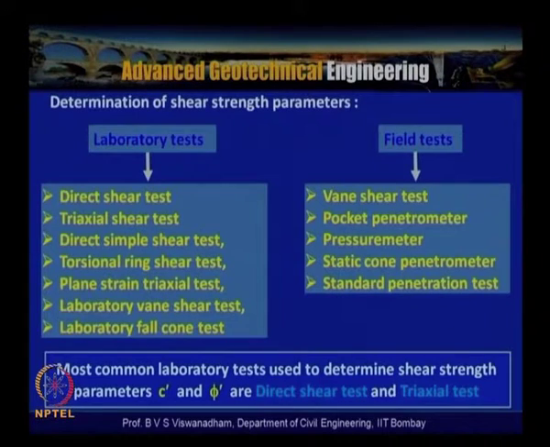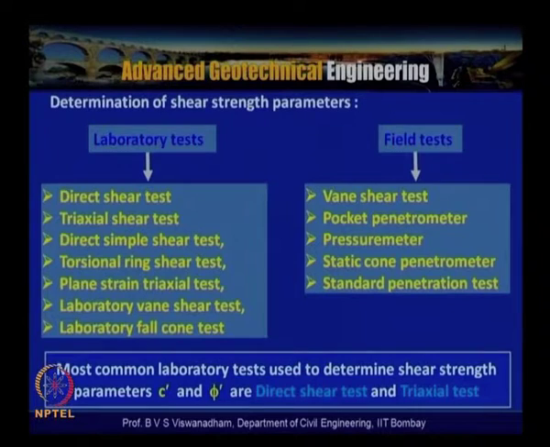And as we discussed, the static cone penetrometer test gives the cone resistance and frictional or shaft resistance, and by interpreting these we will be able to get an idea about the shear strength parameters. Similarly, in the standard penetration test the resistance of the soil is measured by the SPT N value.